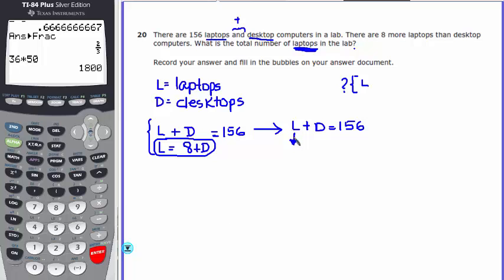Then instead of using the letter L, we're going to substitute the L with what L equals. In this case, L equals 8 plus D. Okay. Now, it's very important that the rest of the equation, and I'm going to do it in blue, okay? See this rest of the equation? I'm going to just copy it.